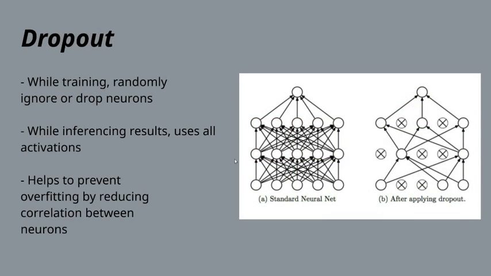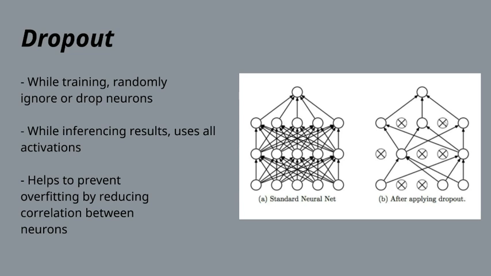Okay, dropout. What is dropout? Dropout is a very common technique that we use while training. It ignores and drops neurons. In neural networks like this, as you can see, the enormous computations that are happening are going to increase the memory footprint.